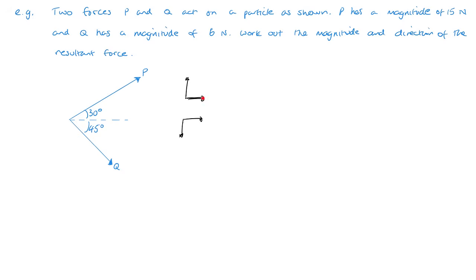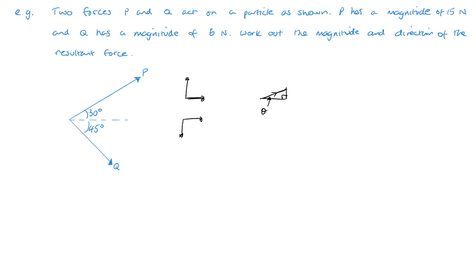So the two horizontal ones I would add together, and the two vertical ones, because they're in opposite directions, I would subtract. And that would give me a horizontal and a vertical one, which I could then use with Pythagoras to find the magnitude, and then I can find that angle in there.